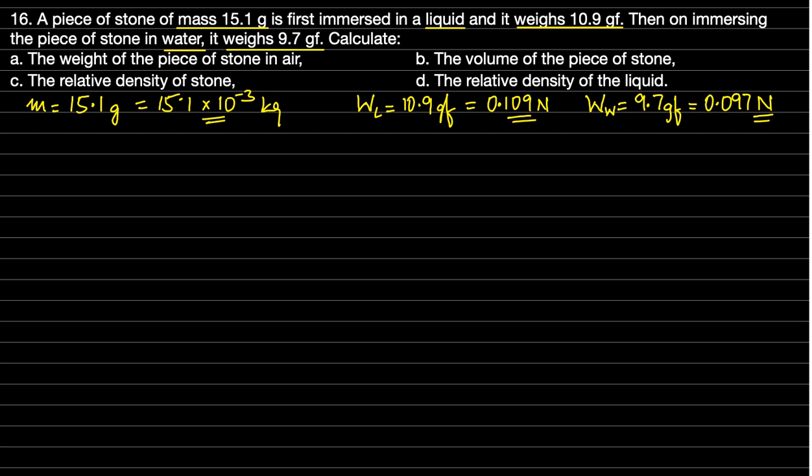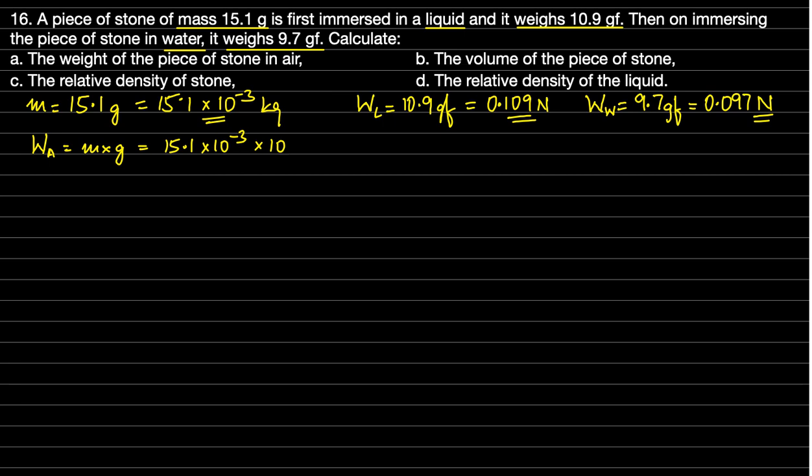Now we would be finding the weight in air because we know the mass. So weight in air will be equal to m into g. I would consider g to be 10. So m is 15.1 into 10 to the power of minus 3 into 10.